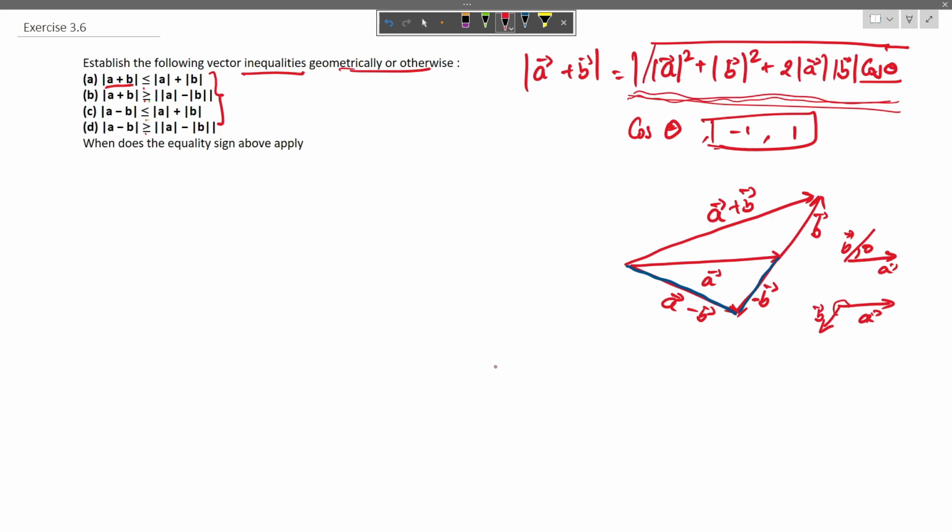So let us say that when cos theta is -1, the magnitude of vector a plus b is going to be equal to vector a minus vector b.